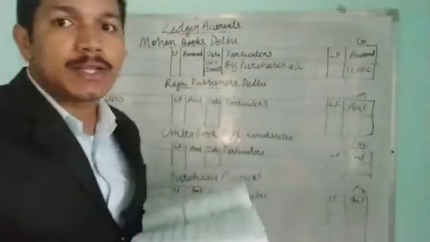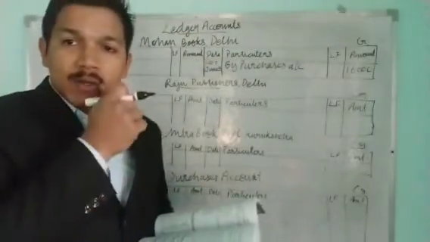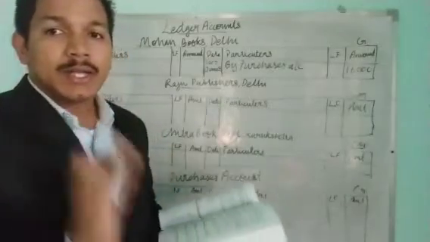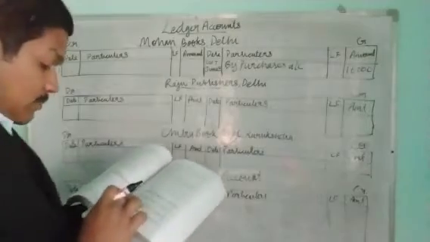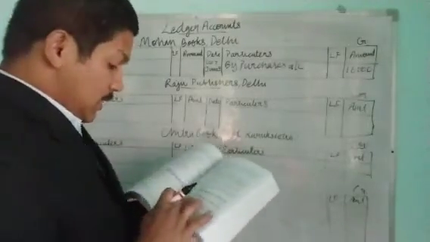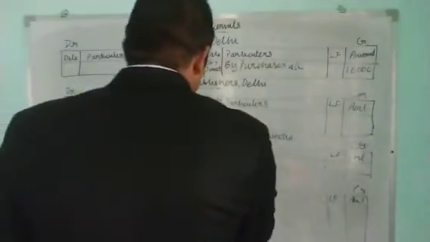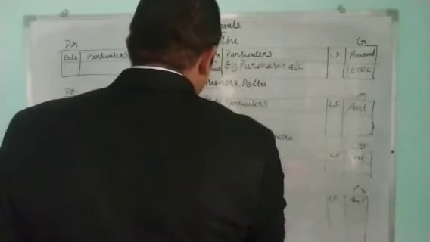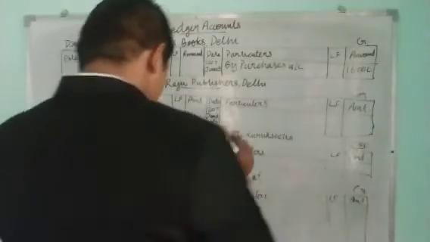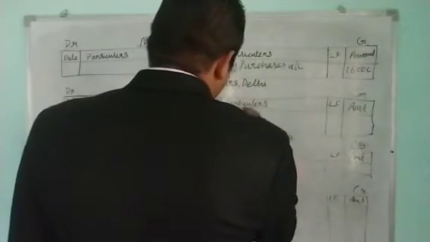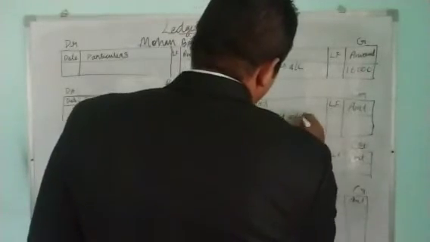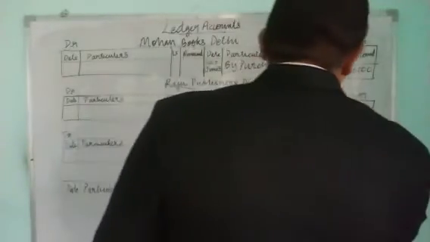No need of explaining all the details, because all the details are written in the purchases book; we are entering only the total amount. Then the next transaction was made with Rajiv Publishers, on June 15. So we will write June 15, 2017. The date we have to mention, and here also we write 'by purchases account' and the amount 25,000.